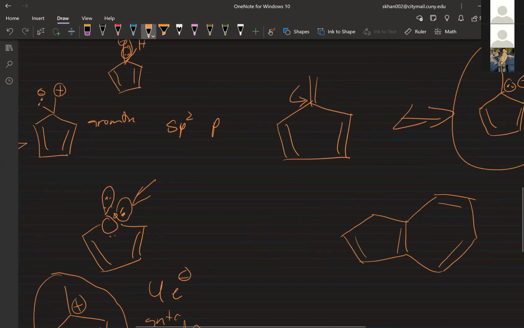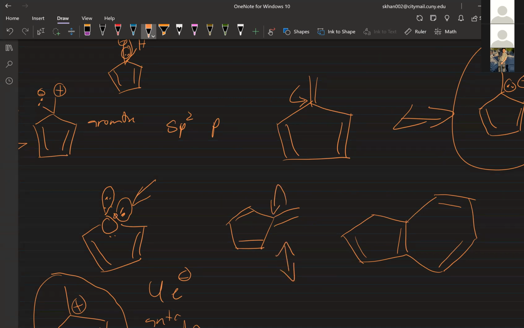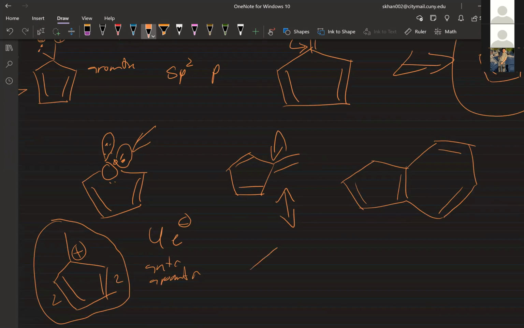So think of that molecule the same way, if we just looked at it in terms of a dipole, just this one bond. Now if we did a resonance structure and just pushed this here, it would be aromatic, yeah. So that's actually a better way to look at this.